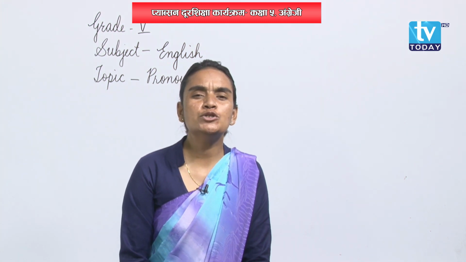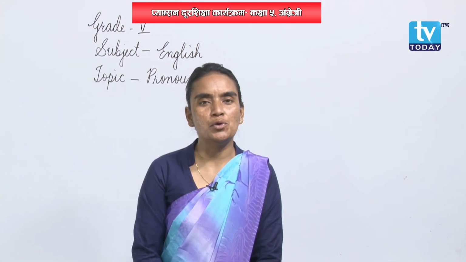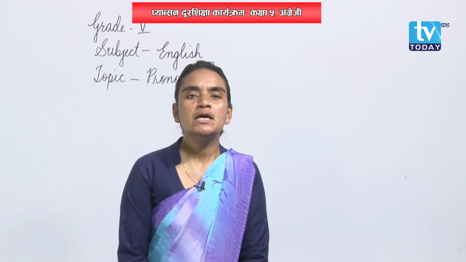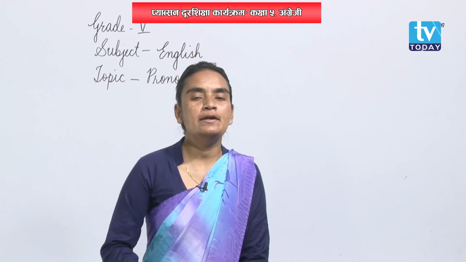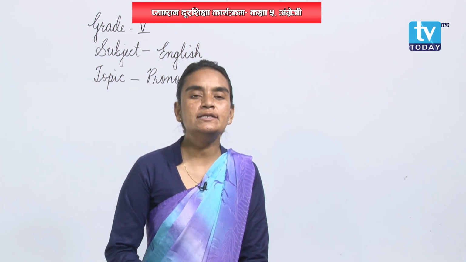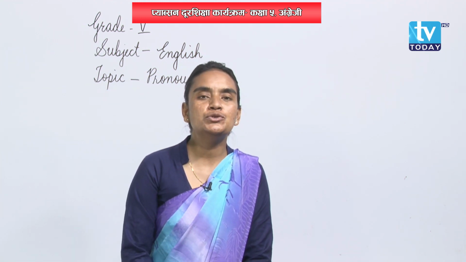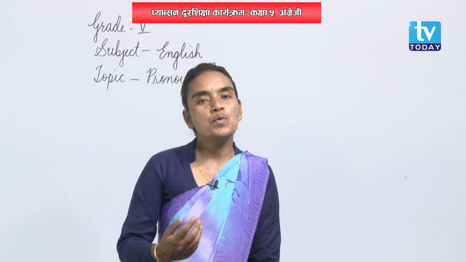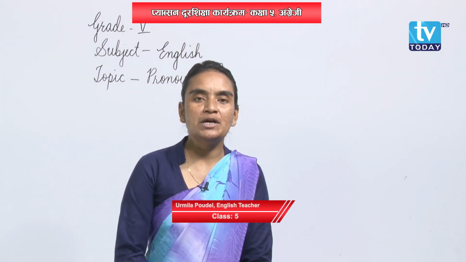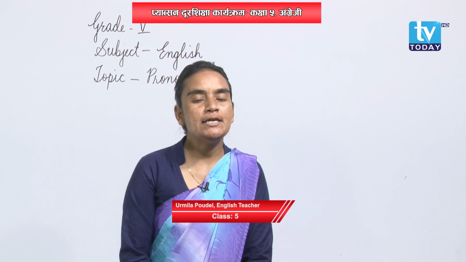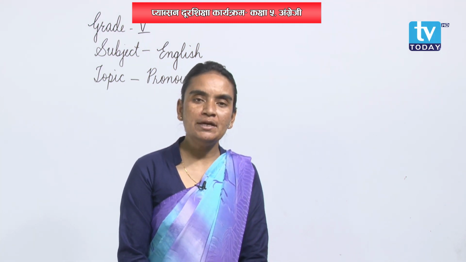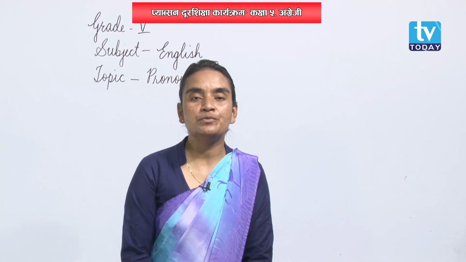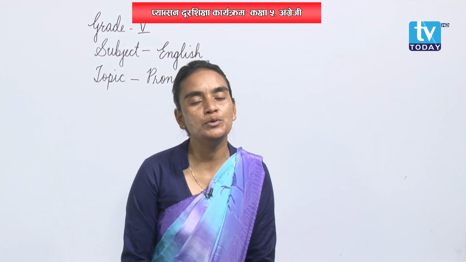Besides that, we also explored one more rule, that is when the word has F or FE at the ending, then the word can be made plural by using VES. We have to remove F and FE, and instead we need to use VES to make it plural.